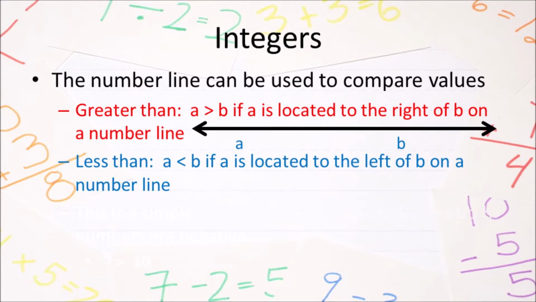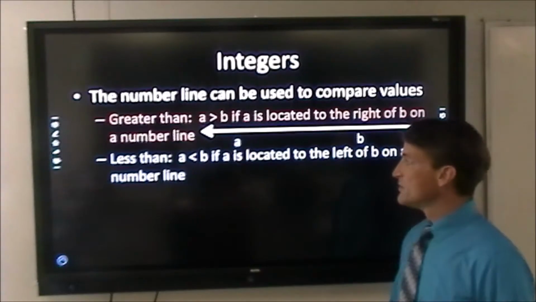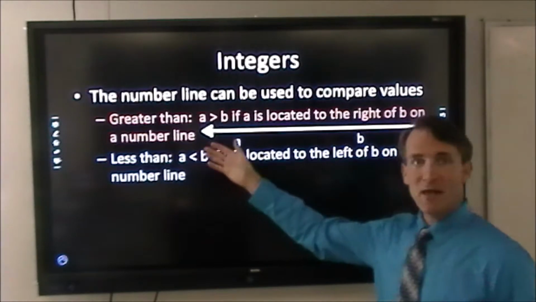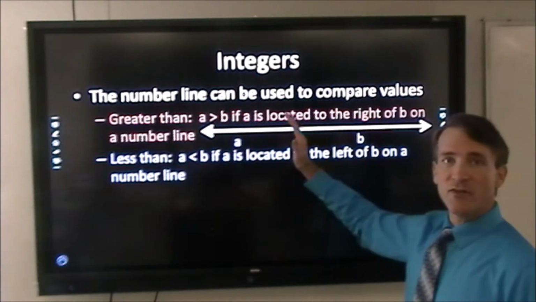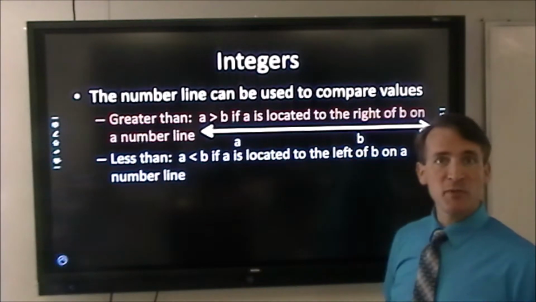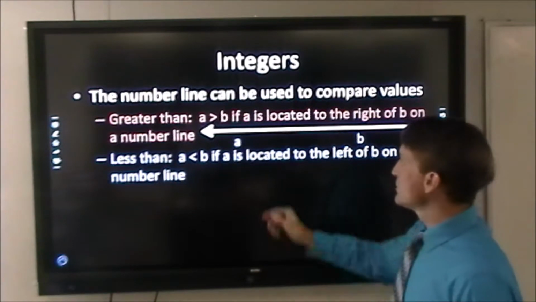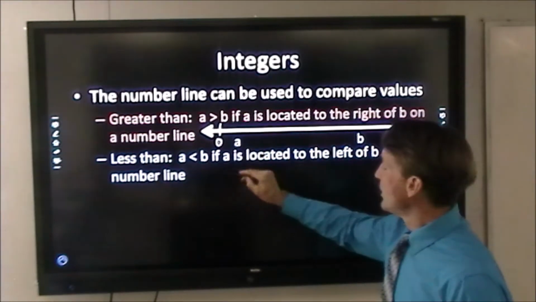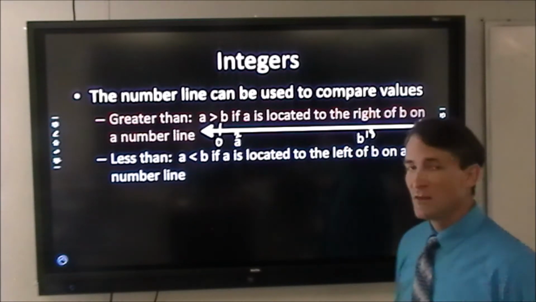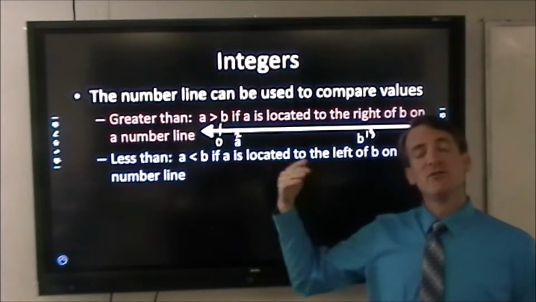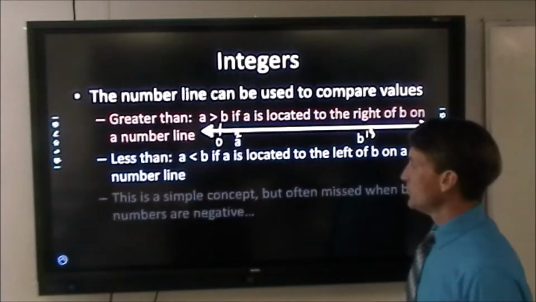The alligator's wanting to eat B, not A. So in this scenario, since A is less than B, that means A is located to the left of B on the number line. Now they could both be positive values. For instance, 0 may be over here, A may be at 2, and B may be at 18. B is greater than A in this scenario.